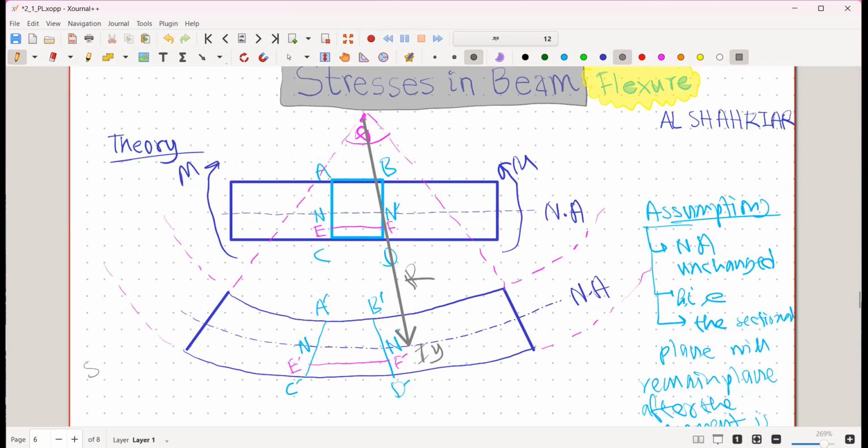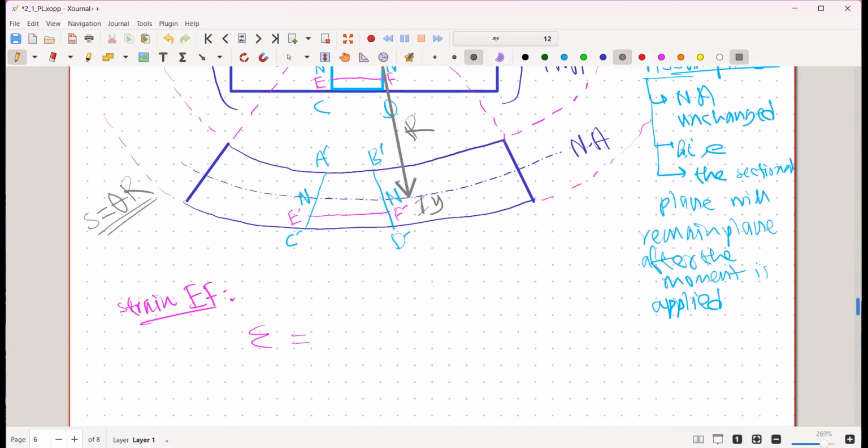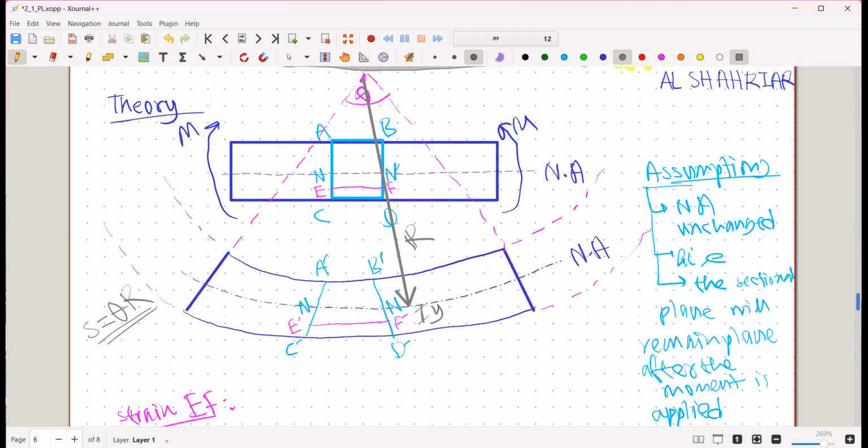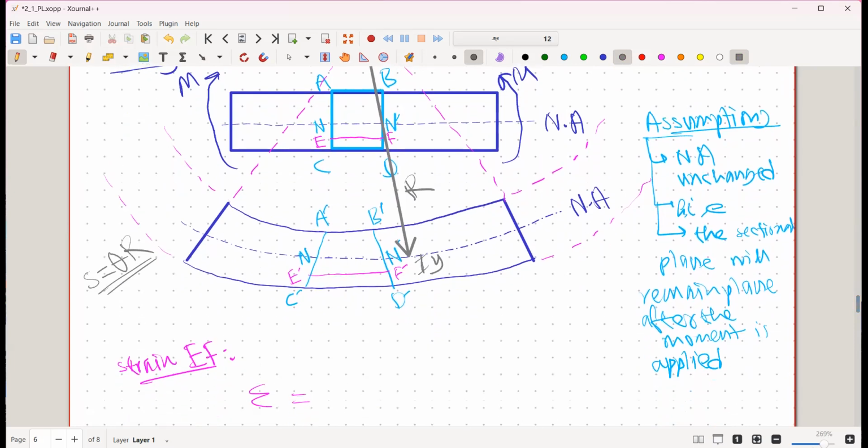From the formula, arc length is equal to theta times the radius. So EF will become theta r, and also E dash F dash will become theta times r plus y.